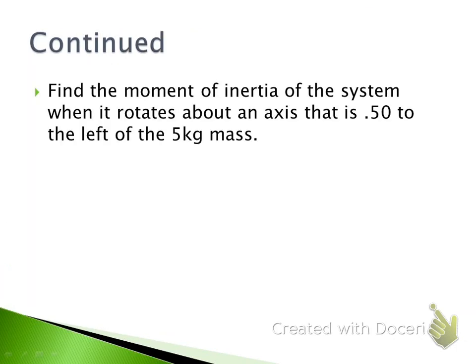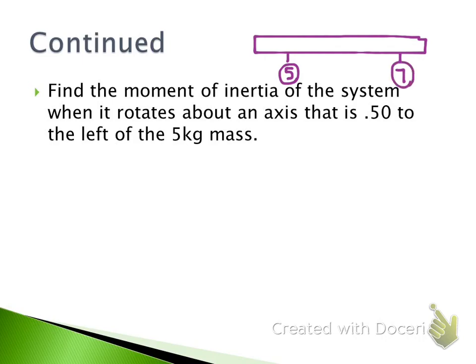Second part says find the moment of inertia of the system when it rotates about an axis that is 0.5 meters to the left of the 5 kilogram mass. So I'll kind of draw out again what that looks like. These two objects are still 4 meters apart, but now our axis is here.